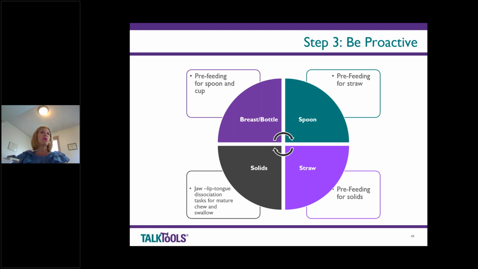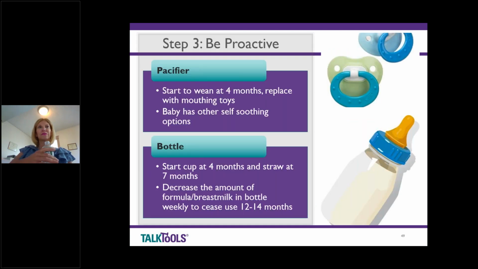And then when I know solids is coming, and we're on introductory solids, easy meltables, I want to work on jaw-lick tongue dissociation, because by 3, I want to make sure I get that diagonal rotary chew, that adult chew. So you always have to be one step ahead. And it's really important, once again, for children with low tone, diagnosis of Down syndrome, diagnosis of CP, diagnosis of tethered oral tissue, that we really want this proactivity.